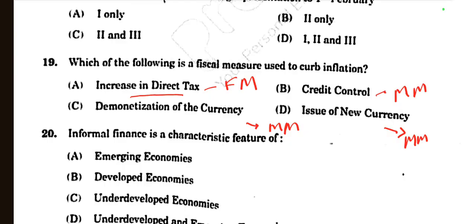So the fiscal measure, the government measure, is increase in direct tax. If direct tax increases, then the money supply in the economy reduces, and people purchase less. If direct tax is imposed, then the availability of money with the rich person reduces, so finally it reduces the inflation rate. So option A is the right choice.